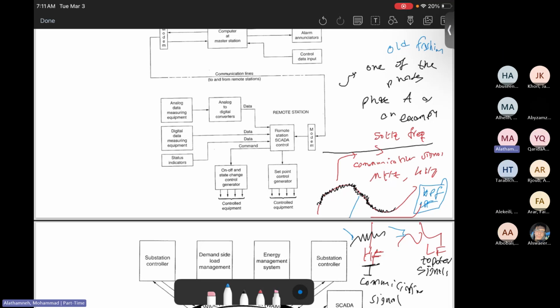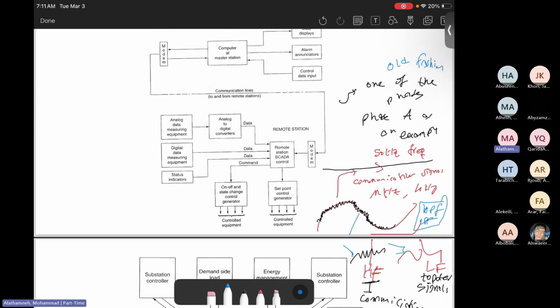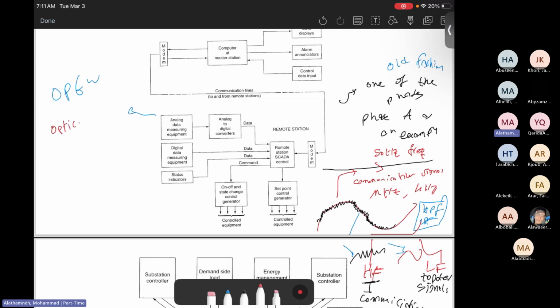Right now, in the new power lines, we're using another technique for communication, which is called OPGW. What does it mean? It means optical ground wire. There should be a ground wire in the power lines so that if there is a lightning strike, it will absorb it.